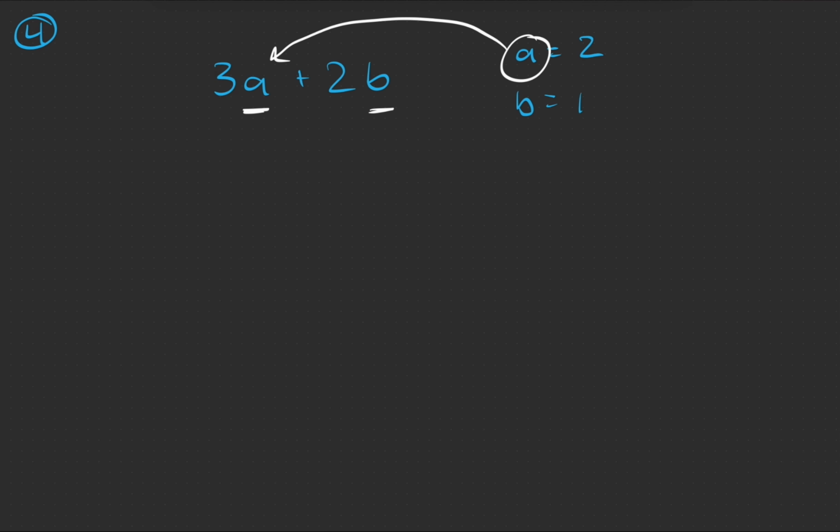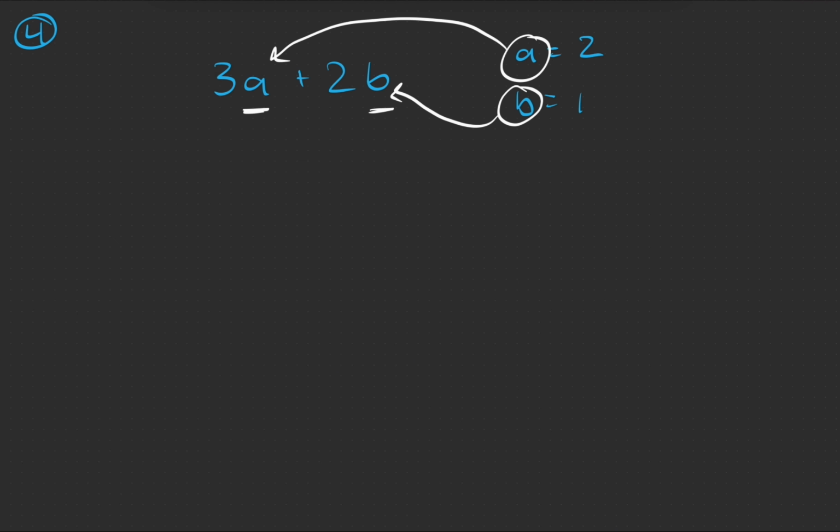Now, for problem 4, we're going to do another one with 2 variables. In this case, we're going to do 3 times a plus 2 times b. And we're going to have a equal to 2 and b equal to 1. Now, the variable can be represented by any letter, any character, no matter what that may be, but the approach is still the exact same. You take your value for a, you plug it in, take your value for b, and you plug that in.